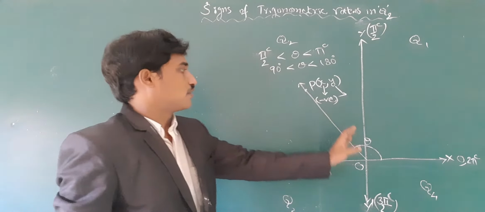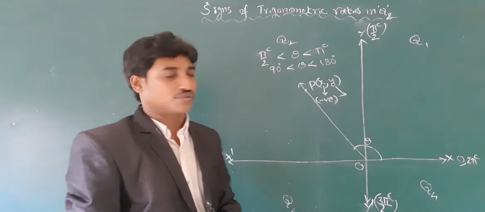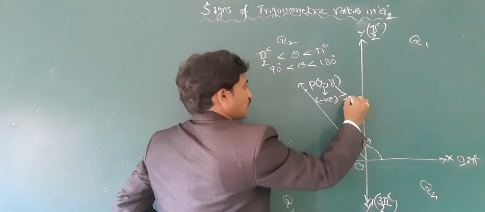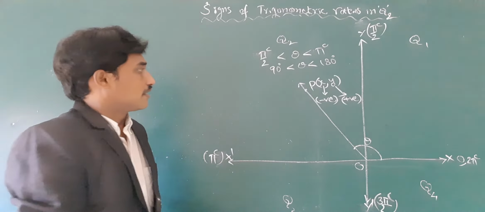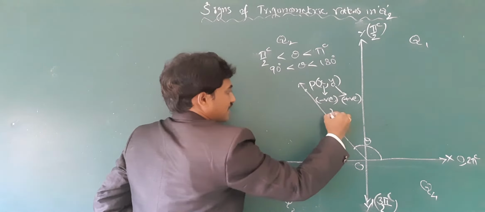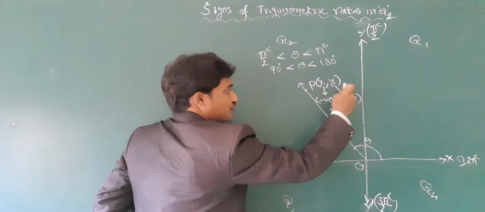Y is towards the positive y-axis, so it is a positive quantity. That means x is less than 0 and y is greater than 0.